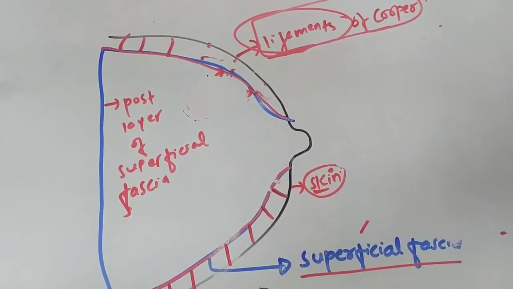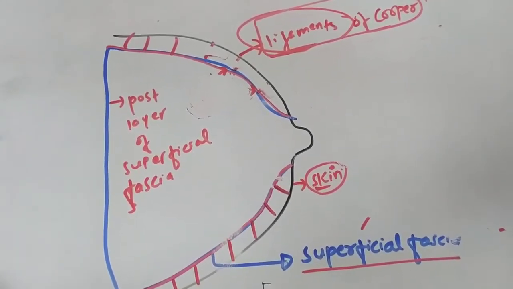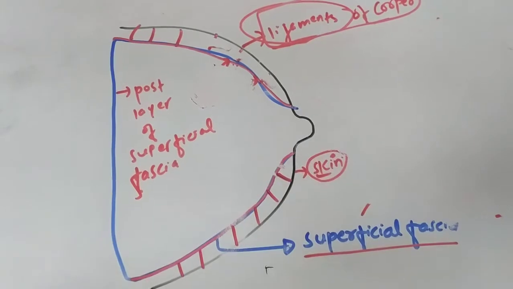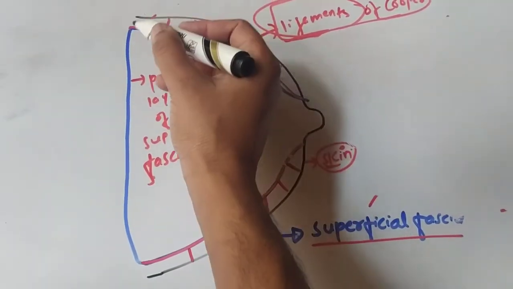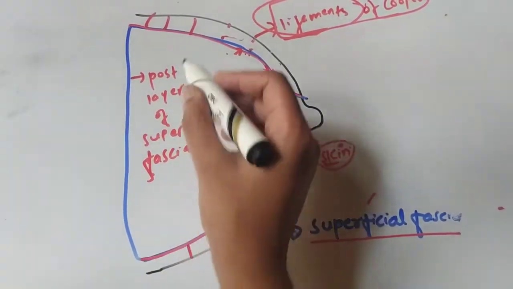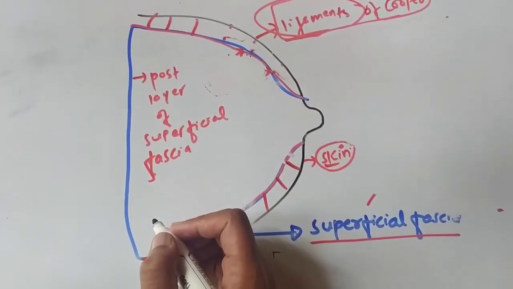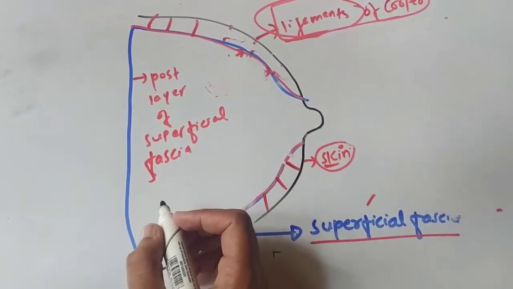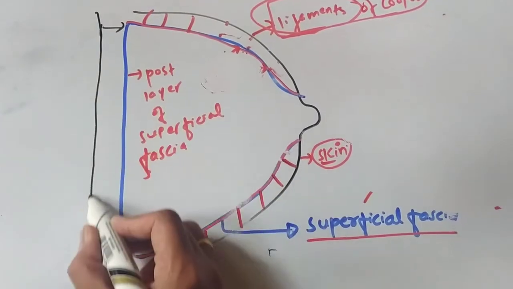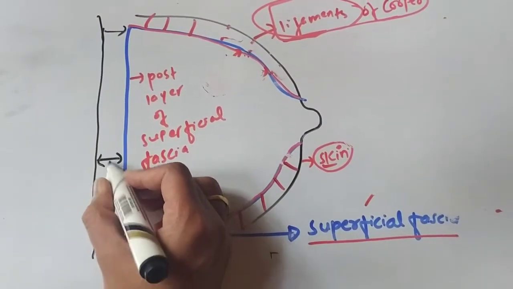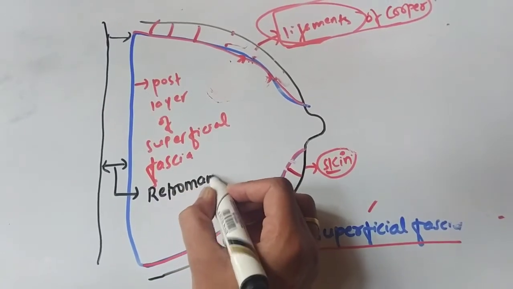Now let's see where the breast rests. The breast rests especially on the muscle known as the pectoralis major. This is the superficial fascia, and this is the posterior layer of the superficial fascia. Just beneath it there is a space known as the retromammary space.